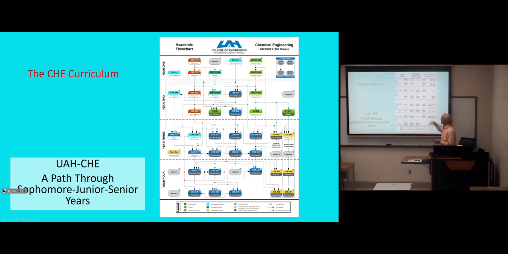And now most of you are probably in this second block, in this year 2 block, where again, you're still kind of in the middle of your math. You're doing your organic chemistry, finishing up your physics, and for engineering, you're in Chemical Engineering 201, which is a general introduction to chemical processes.